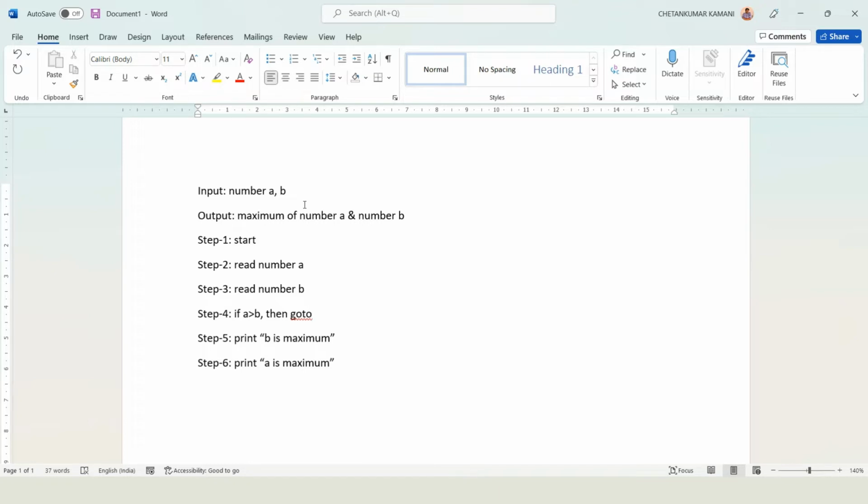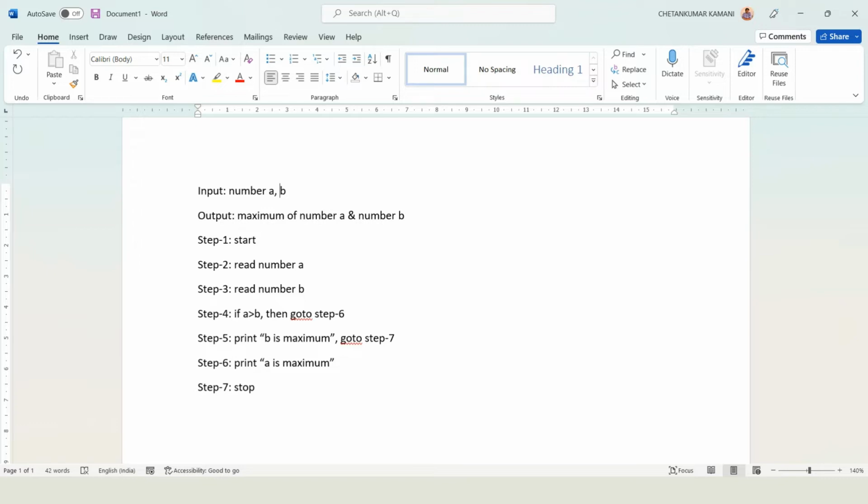Now you have an idea about the jumping steps here from step 4. If A is greater than B, then go to step number 6. And step 7 would be stop. After printing B is maximum, the next step must be the ending step, that is step 7. Go to step 7.